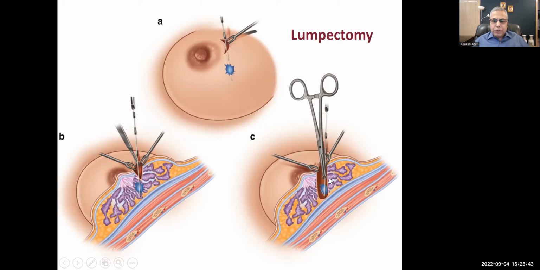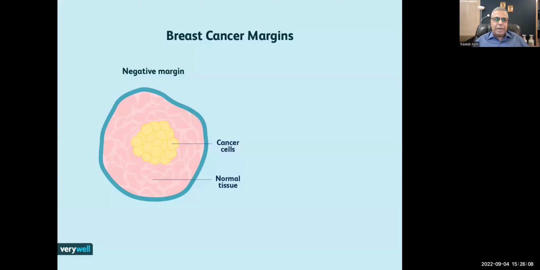It's very important to remove normal surrounding tissue. Okay, so this is known as lumpectomy, and the benefit is you have conserved the breast. Okay, this is known as breast conservation therapy. But obviously in some cases you have to remove the breast, which is known as simple mastectomy or radical mastectomy. That I'll show you in the next slide. Okay, so this is lumpectomy.